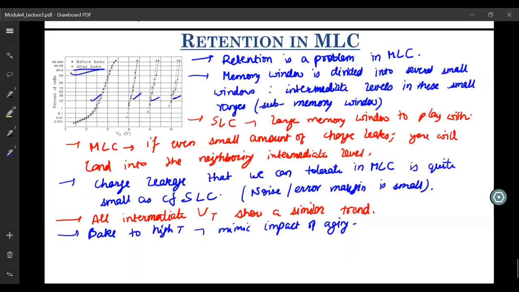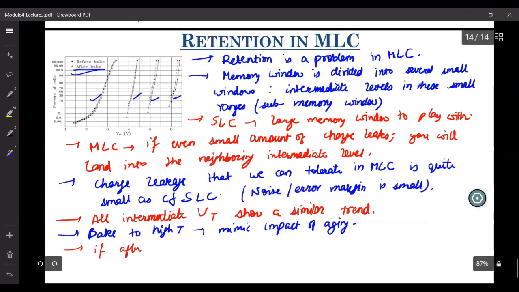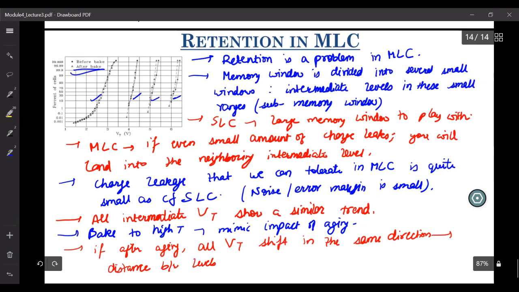Right? So if after the baking process, with aging, all VT, intermediate level VTs shift in the same direction, then also the distance between levels remains the same, and the most important part, there is no overlap.